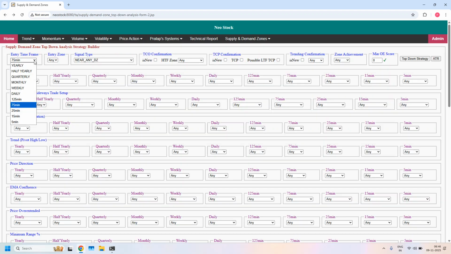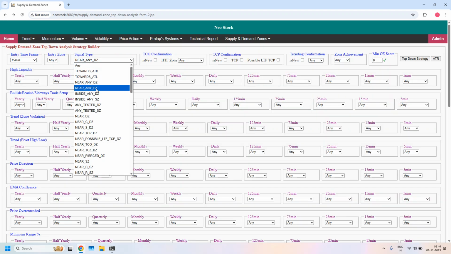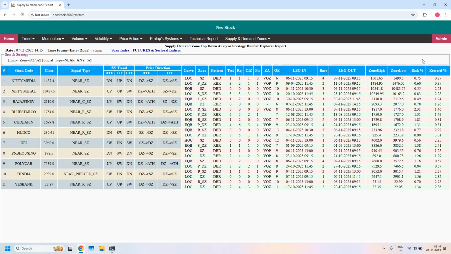Okay, next for the 75 minutes time frame, stocks near the 75 minute supply zone. We got 11 stocks. So let us identify 75 minutes high liquidity supply zones from this list. Bajaj Finserv is having a 75 minutes high liquidity supply zone. Blue Star is having a 75 minutes high liquidity supply zone. Cholamandalam Finance is having a 75 minutes high liquidity supply zone.